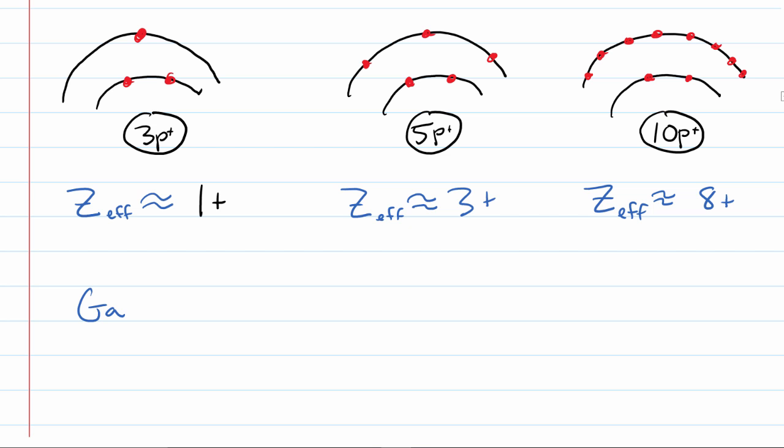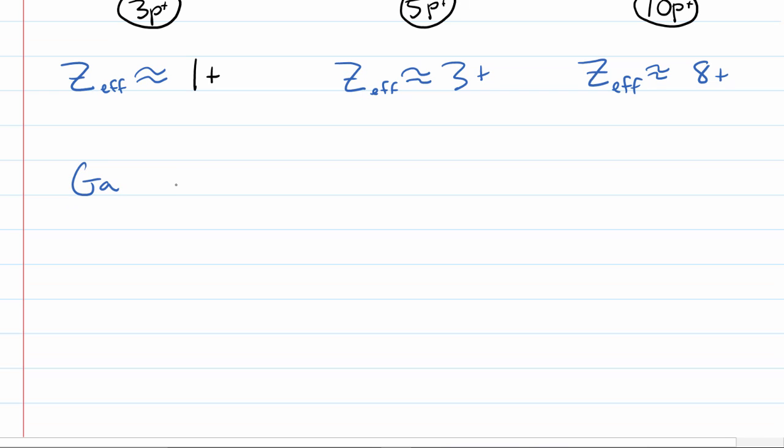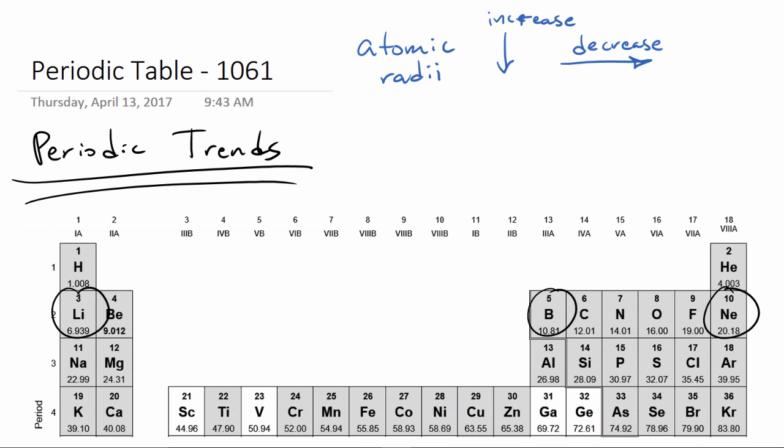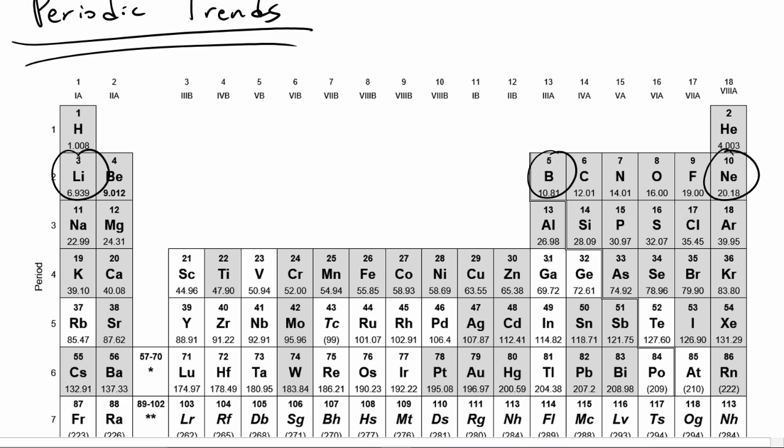So if we went to something like gallium, I'm going to write the complete configuration for gallium. We would write it as 1s2, 2s2, 2p6. And you can help me here with this. We're trying to get up to right here. So 2p6 is going to take us all the way through here.